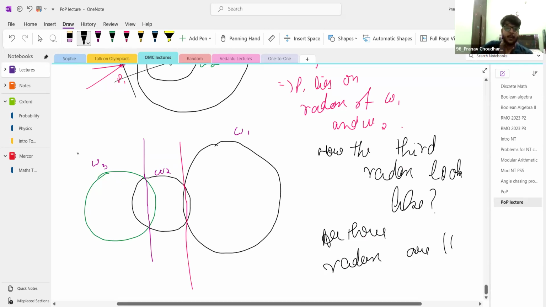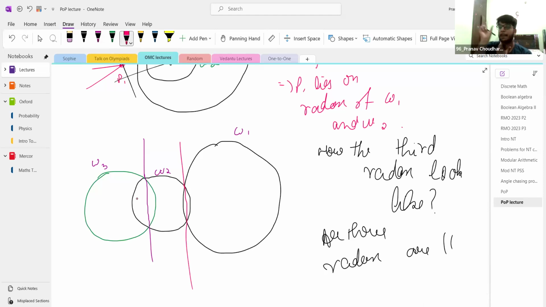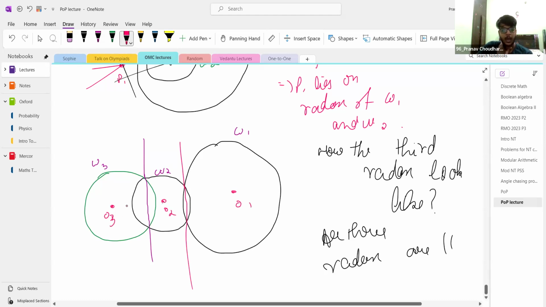Okay, now let's think about this. A radical axis is a line, so when does this case happen exactly? The radical axis is a line perpendicular to the line joining the centers. So O3 and O2 are perpendicular to this line, and O2 and O1 are also perpendicular to this line.